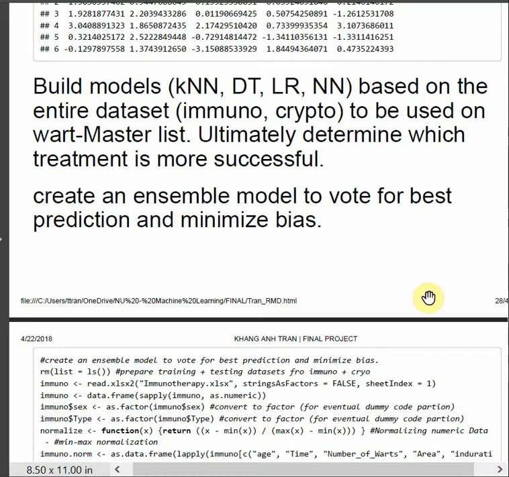if a treatment had more successful cases in terms of more ones, then it is more successful. If it has more zeros, then it's not as successful. And that was my condition for success of treatment.